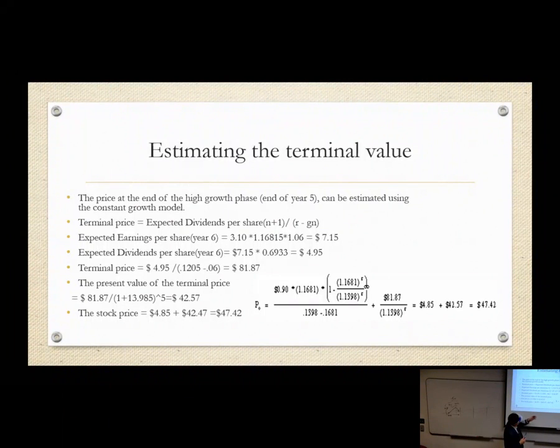Right? So then you get the terminal value estimation, but do not forget to discount this terminal value to present value. So this is the second stage value, and this is the first stage value. When you put them together, you get the stock price estimation. Two-stage model. Right?